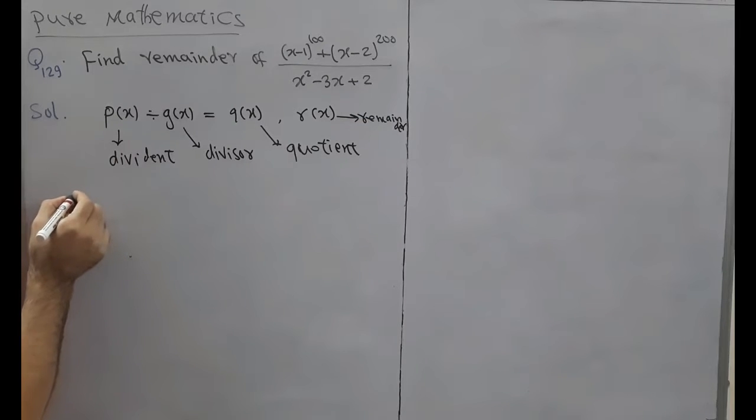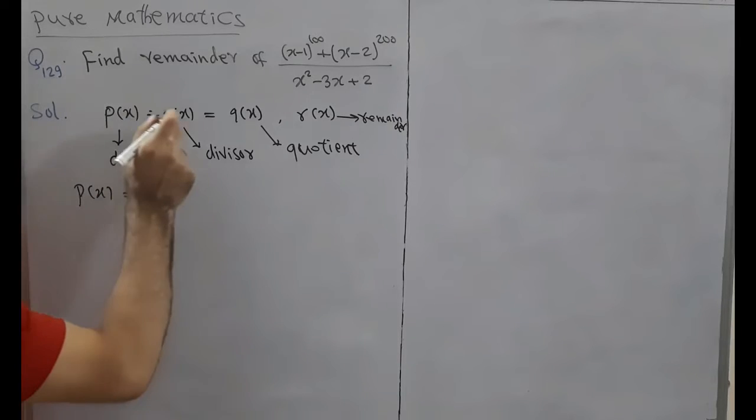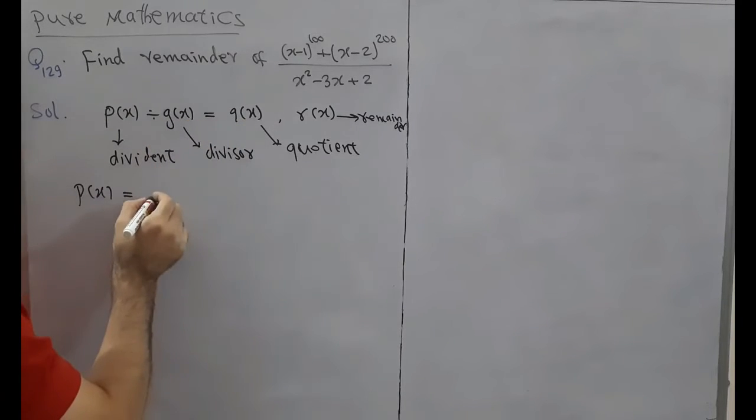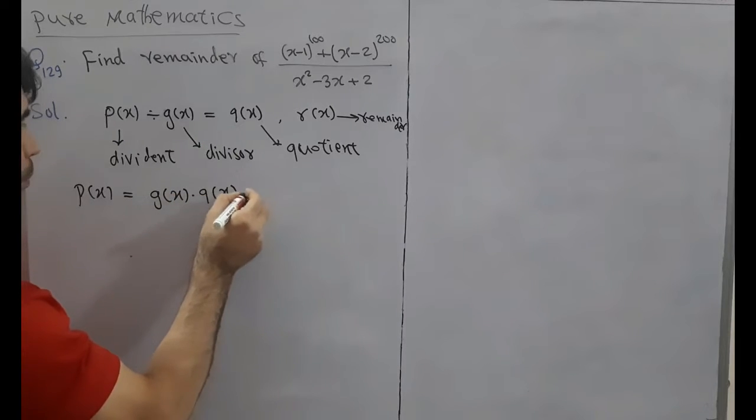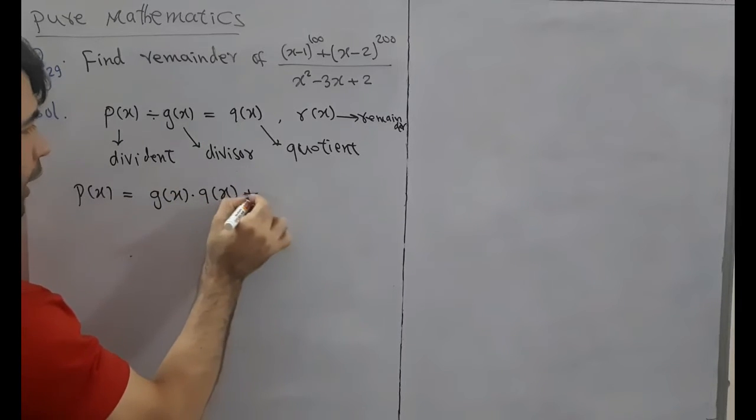Actually p(x) is equal to divisor multiplied by quotient q(x) plus r(x).